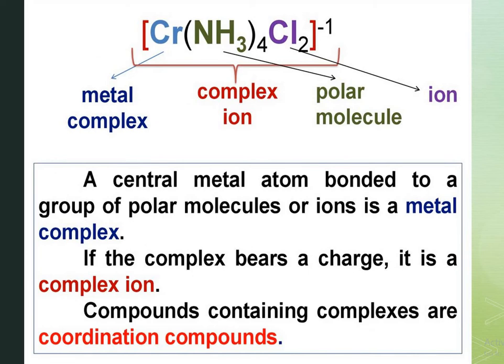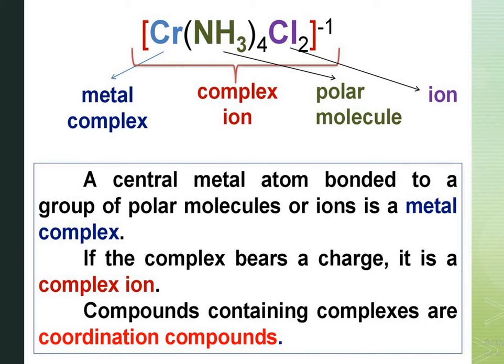Here you can see in the square box the metal complex, where chromium is the central metal ion, ammonia is the polar molecule ligand, chloride is the ion ligand, and the overall square bracket is called the complex ion.